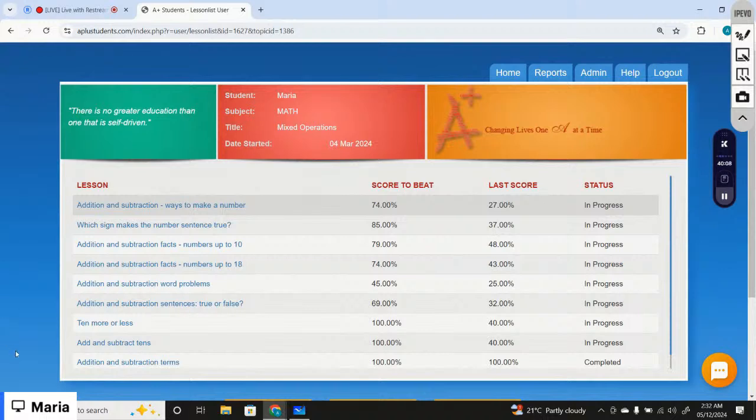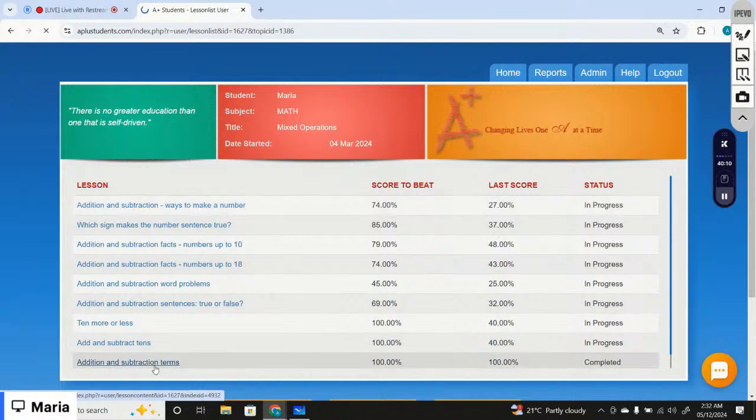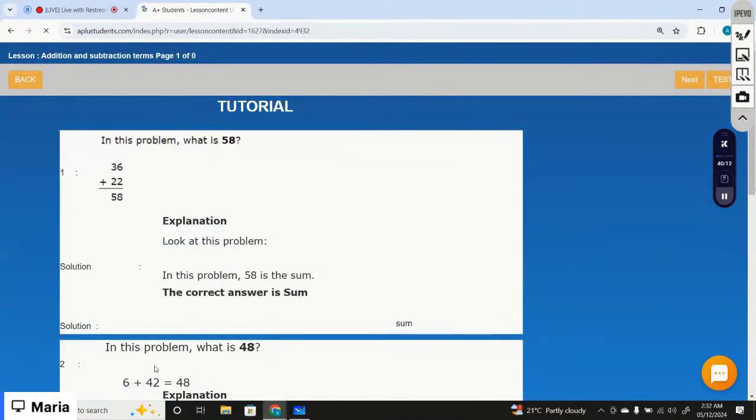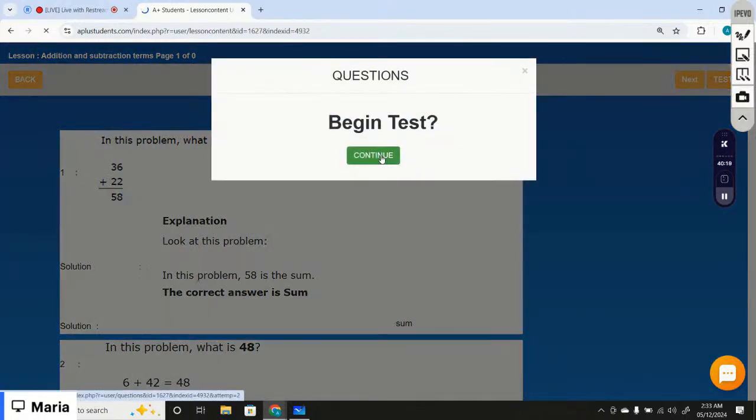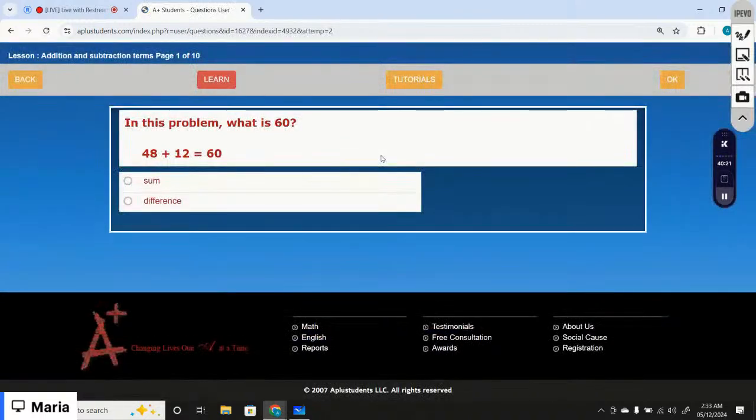The last one is addition and subtraction terms. Let's just start with the test questions. We are going to add, right? That is 48 plus 12. In this problem, what is 60?